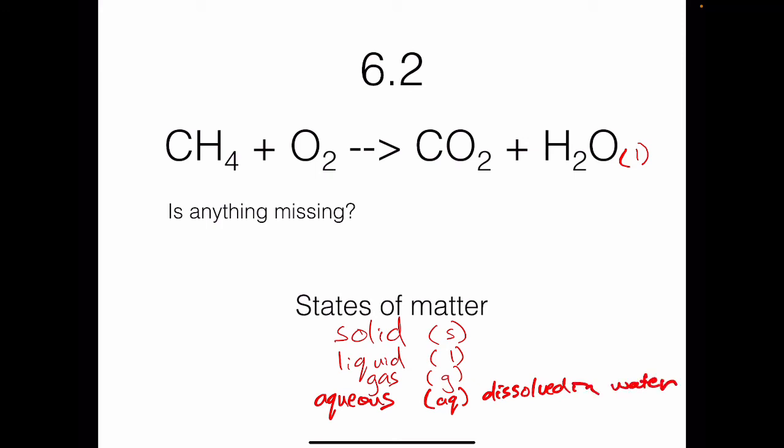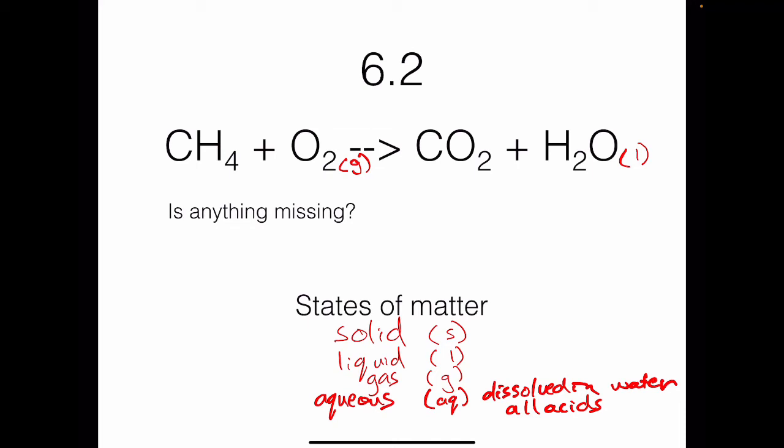Another thing you should know about the aqueous state is that all acids exist in aqueous form. So if we have to represent the state of an acid, it can only be in aqueous form. Some of these we know, and we know by their position on the periodic table. We know that oxygen is gas, and it's O2 for a reason, and we will talk about that shortly.